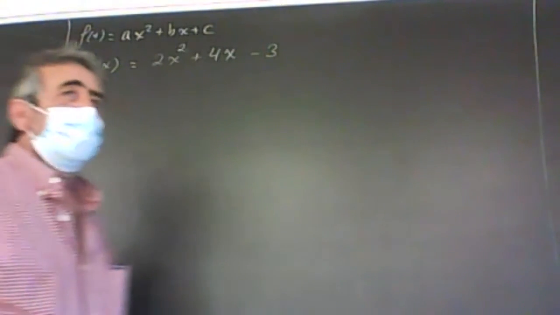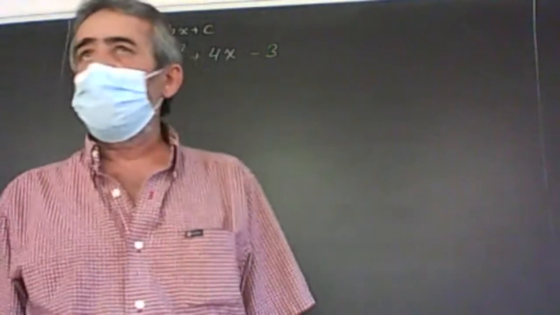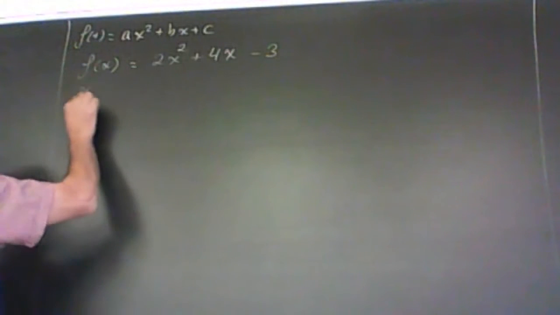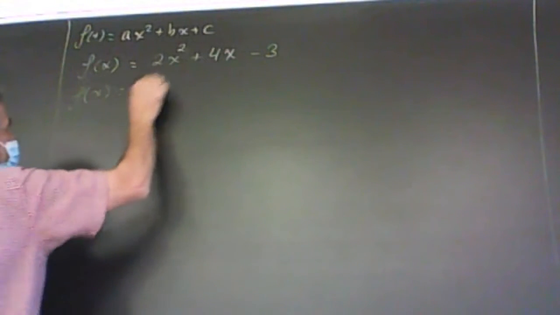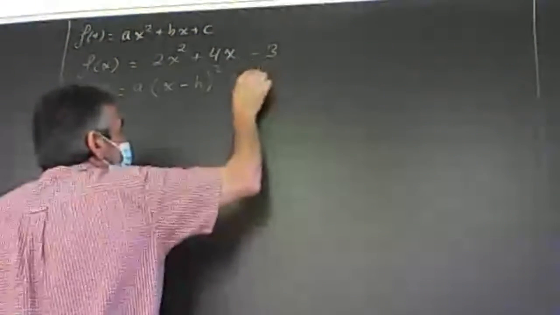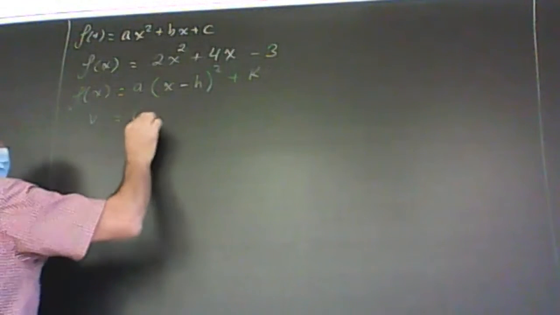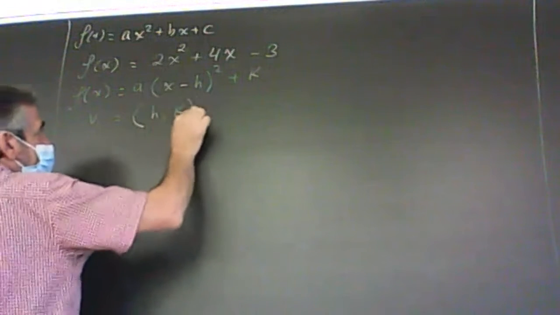Well, we said to find the vertex, we simply try to complete the square to make the equation look like f of x equals a times (x minus h) squared plus k. And that will give us the vertex equal to (h, k).